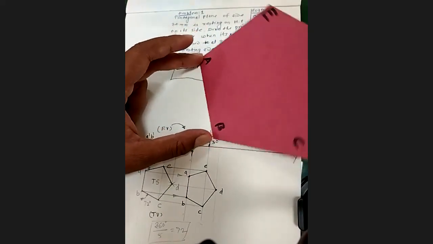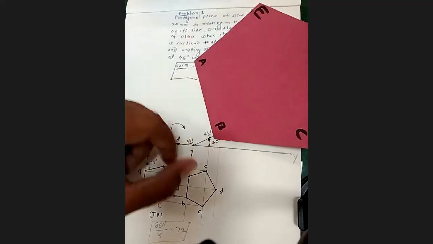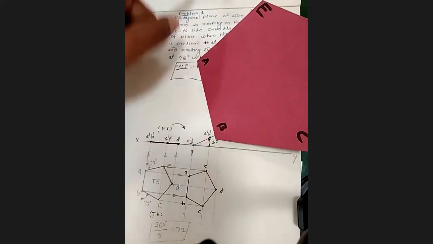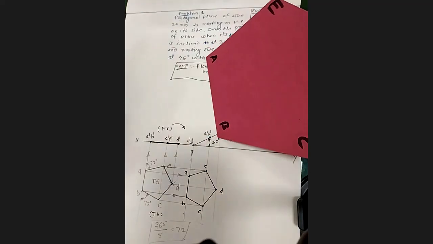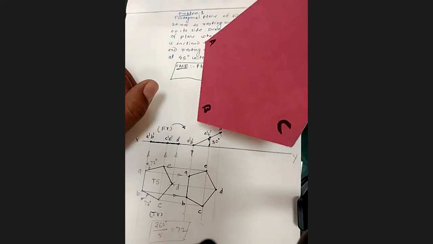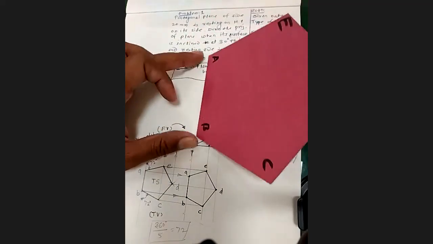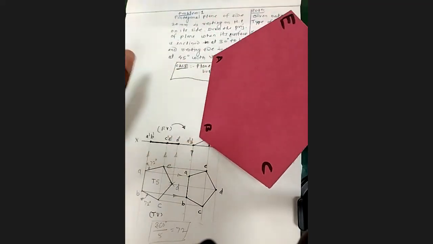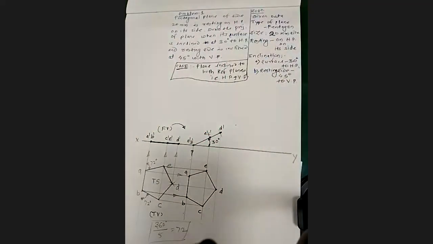When you just turn it by 1 degree, 2 degrees, you'll find something in front view, but in top view, as long as it remains parallel to HP and perpendicular to VP, you will get the true length. In this case, only AB is going to be the true length.